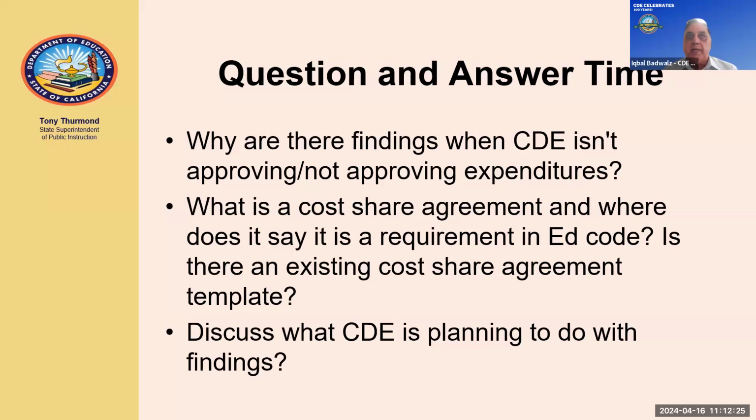So all the expanded learning grants, as well as apportionment, ASES, 21st Century, and Expanded Learning Opportunities Program funding, are to be spent for a specific purpose, which is before and after school programs and during the summer session, intersession.